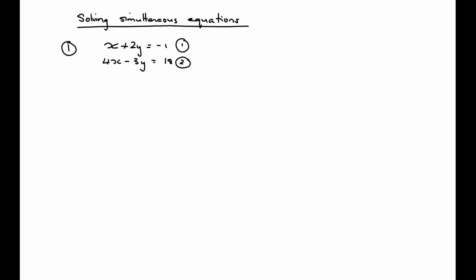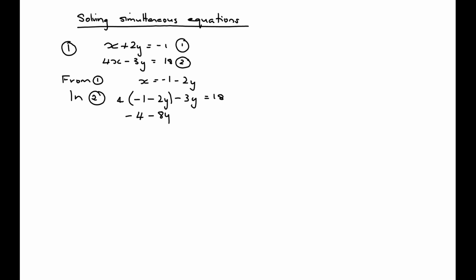Now, because we're doing it by substitution, let's say that we get from equation 1 that x is equal to -1 minus 2y. We're going to put that into equation 2. So we get 4 times what we had for x, and get rid of the brackets: -4 minus 8y minus 3y equals 18.